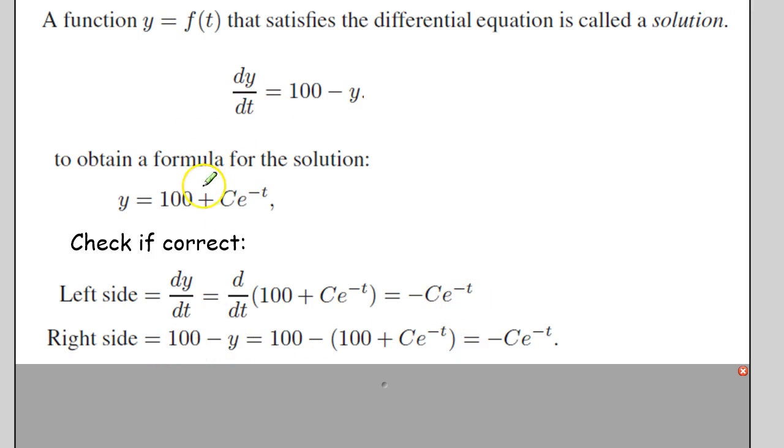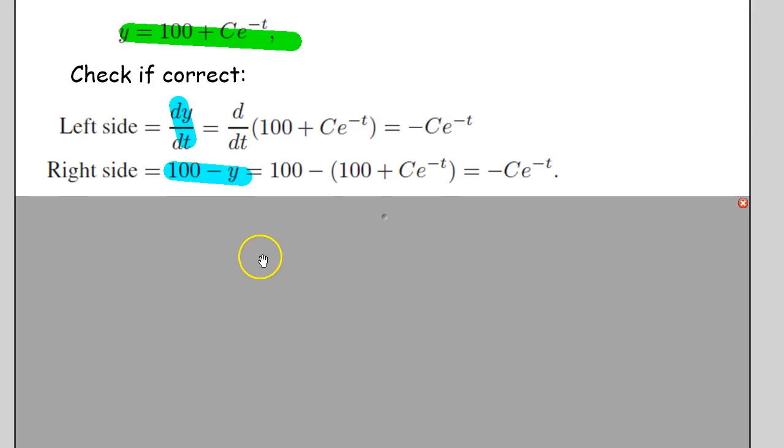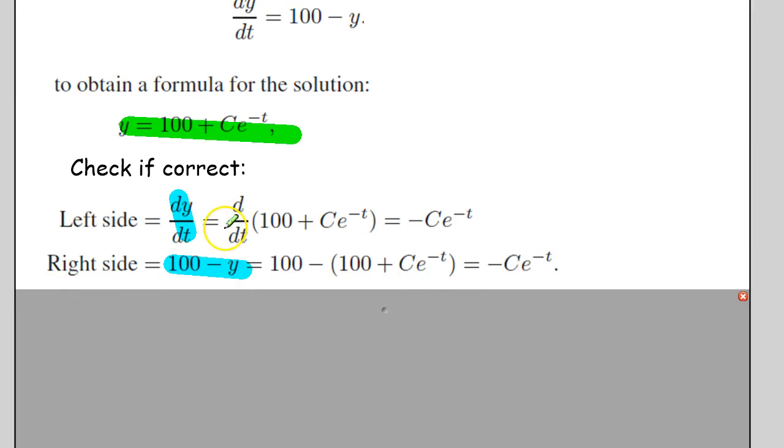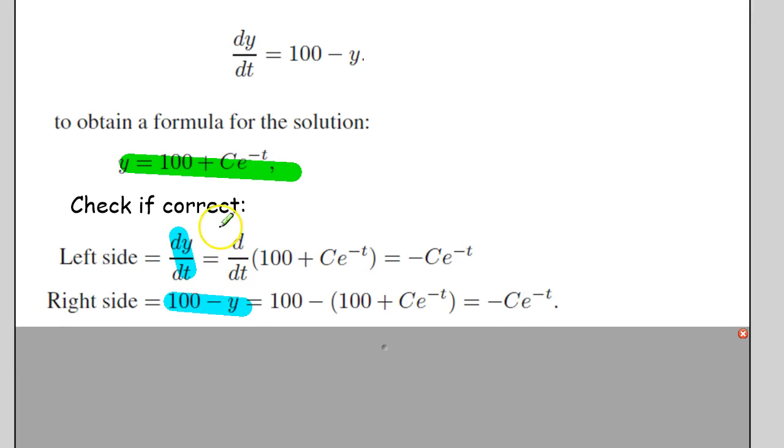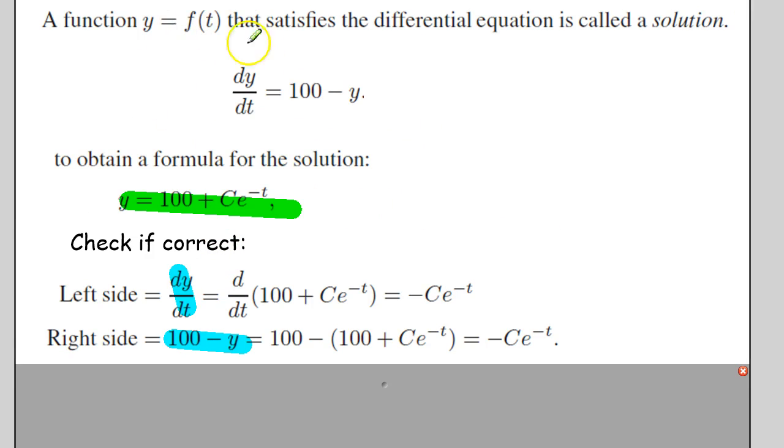Since the right side is 100 minus y, that would be 100 minus whatever the y solution is, and we get negative Ce^(-t). So it makes sense that dy/dt is equal to 100 minus y if y is 100 plus Ce^(-t). That's how you check a solution is correct. If y is the correct solution, then it should satisfy both sides of the original differential equation.